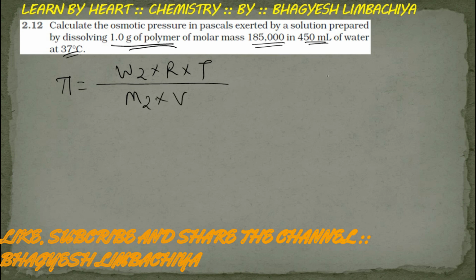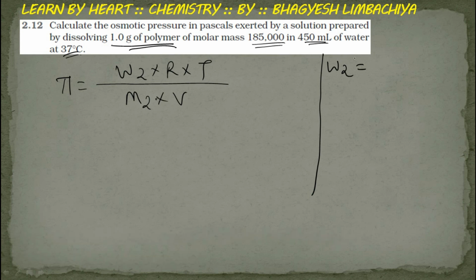Okay, now here W2 is 1 gram. R, the unit of R will be 0.0821 liter atmosphere per mole per Kelvin.